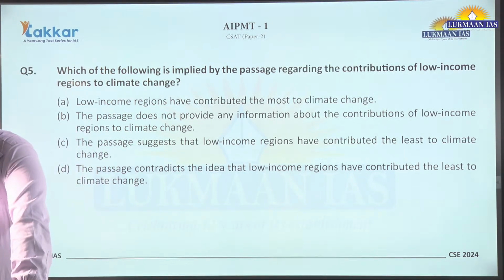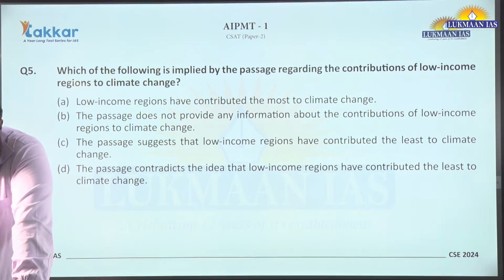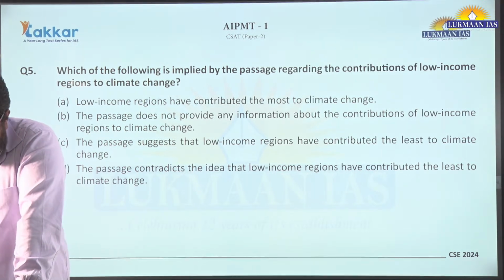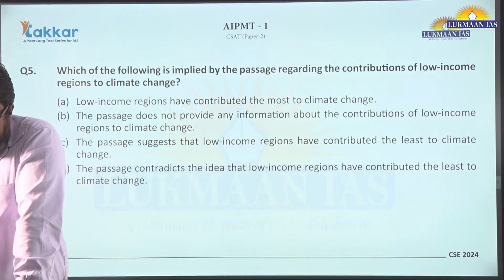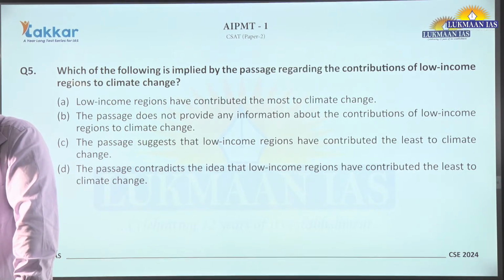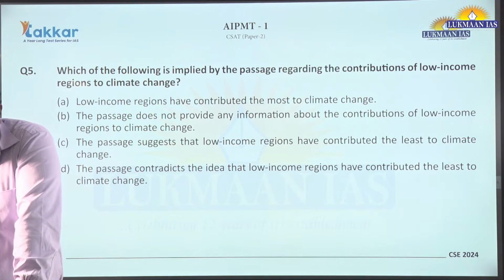Option A: low income groups have contributed most to climate change, but actually least. Option B: the passage does not provide any information about the contribution of low income groups. It is a corollary to the first; if you find the first part, you automatically find the second. Option C suggests that low income regions have contributed least. Option D.